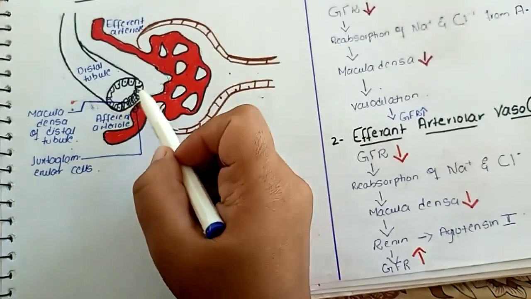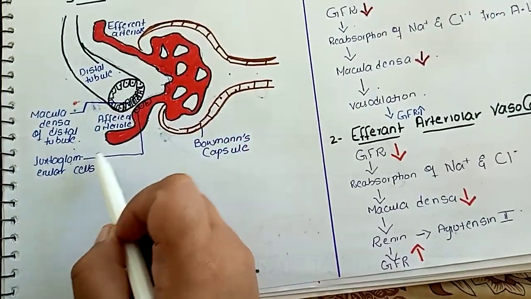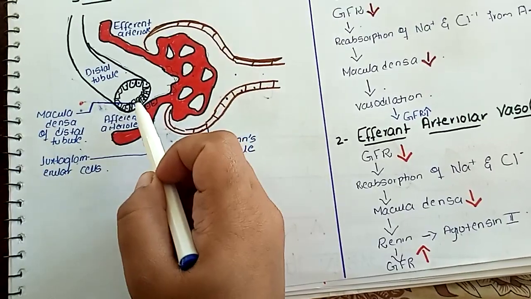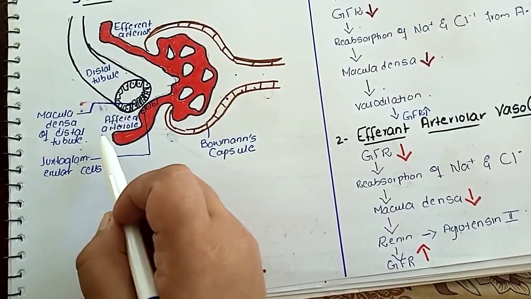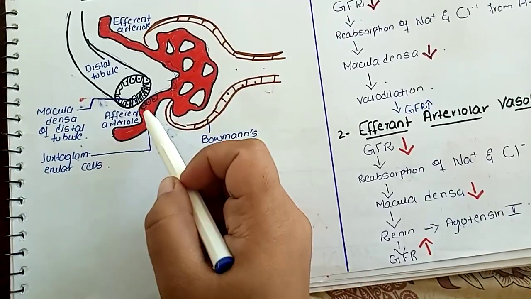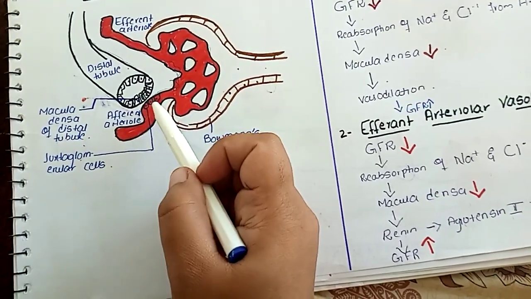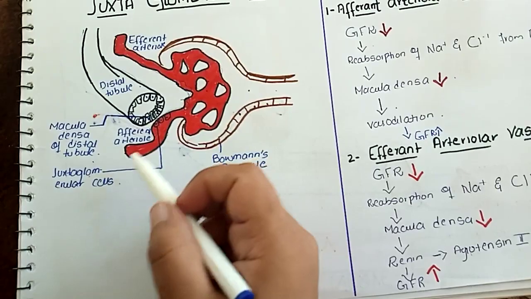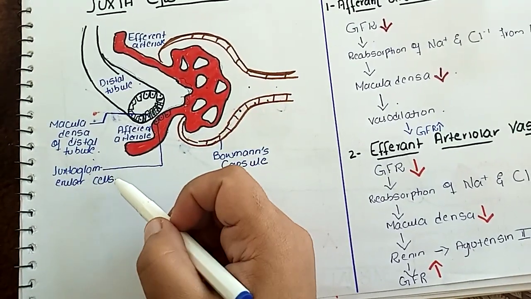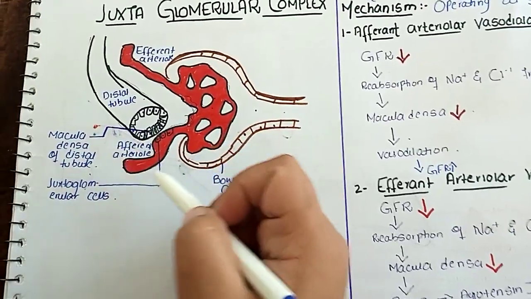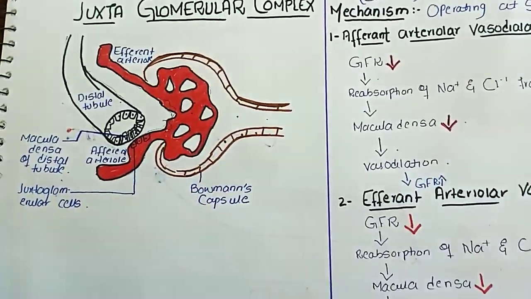The epithelial cells of the distal tubule in contact with the afferent arteriole become more dense and are known as the macula densa of the distal tubule, and the smooth muscle cells of the afferent arteriole in contact with the macula densa are known as the juxtaglomerular cells, and they produce renin. So this complex of these two cell types is known as the juxtaglomerular complex.